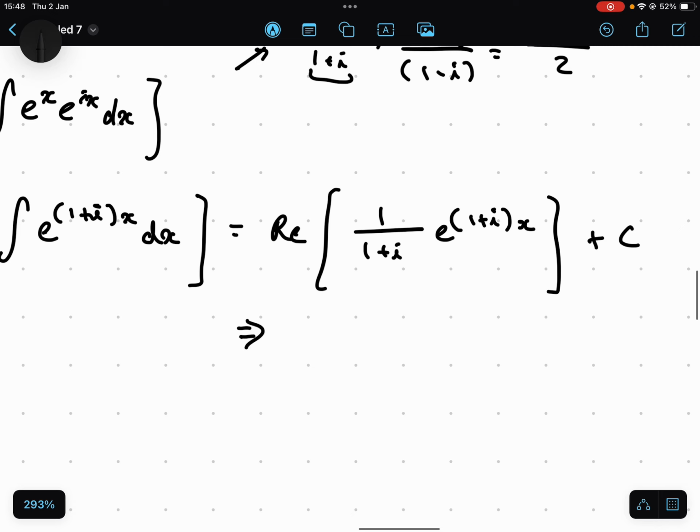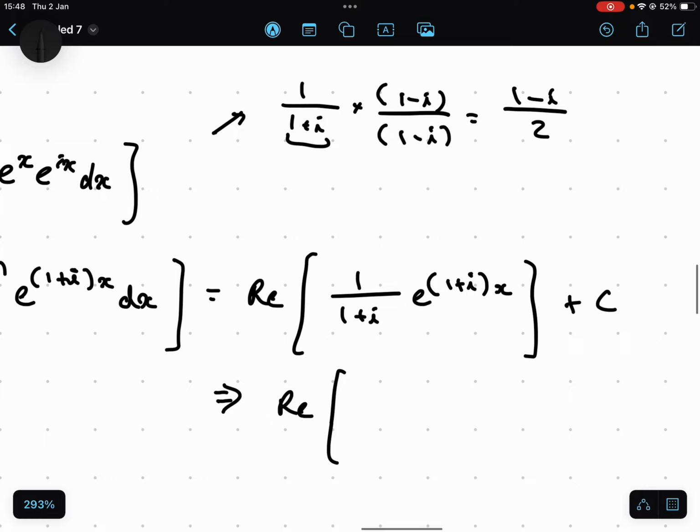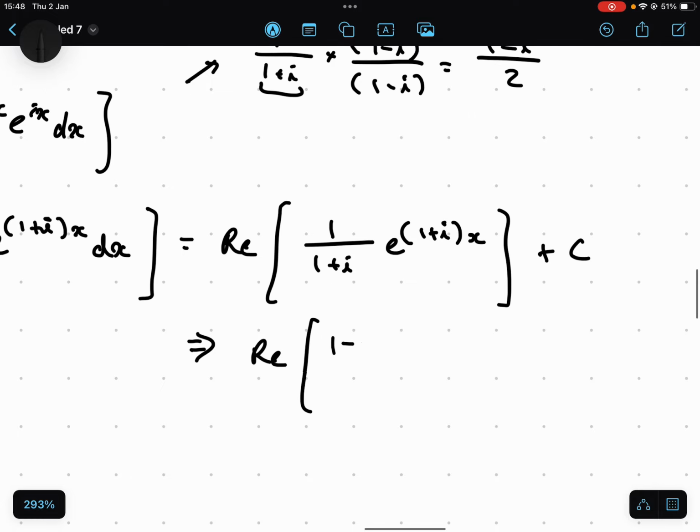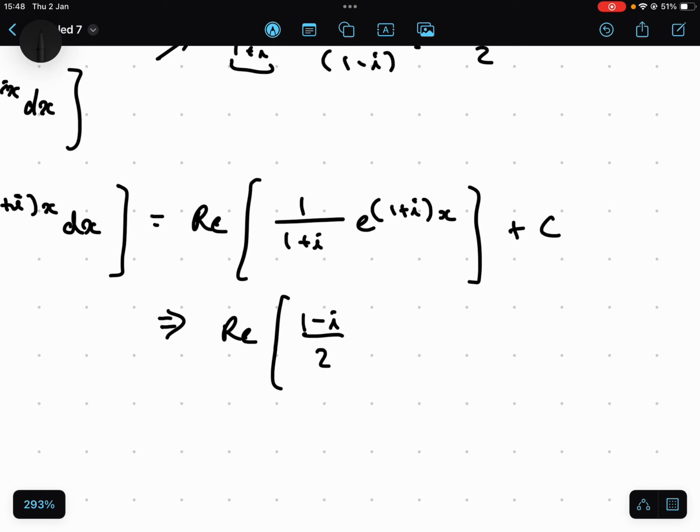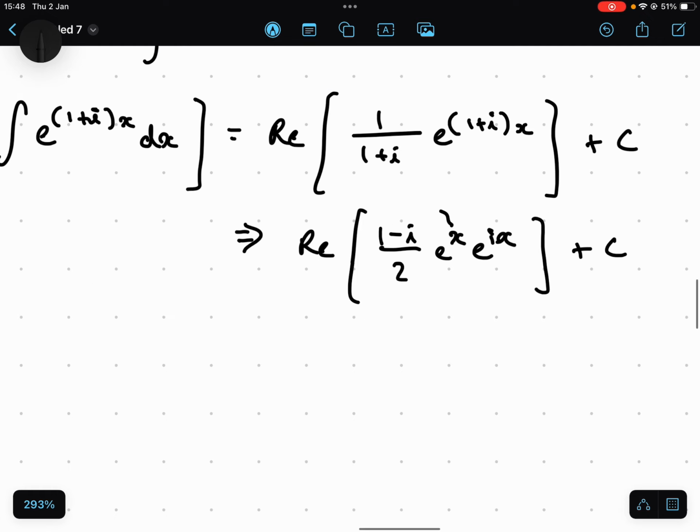So we have the real part of (1 minus i) over 2, and then we're going to have this e^((1+i)x). Well, that is just e^x times e^(ix), plus c. But like I said, e^x is real, so we can move that out.